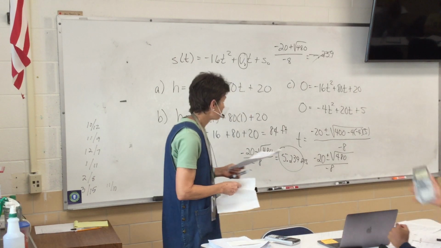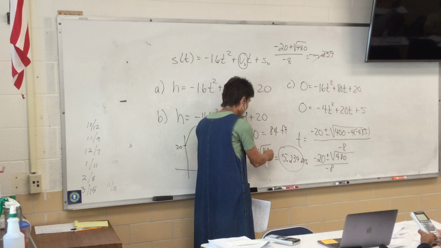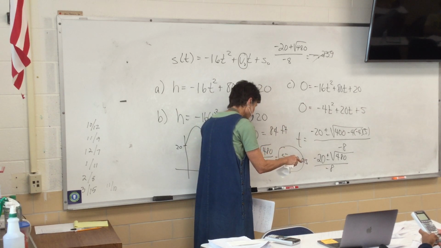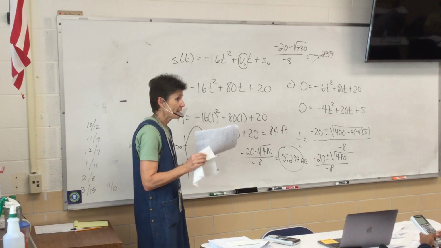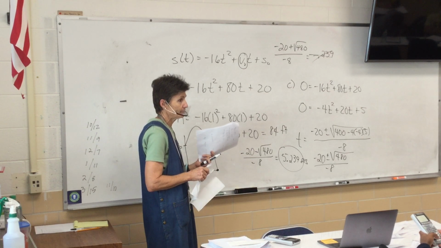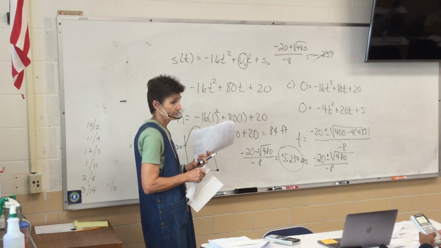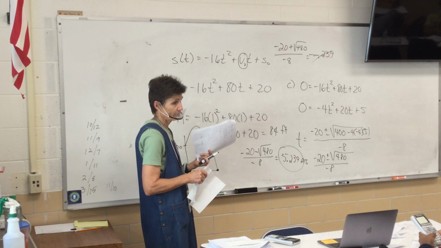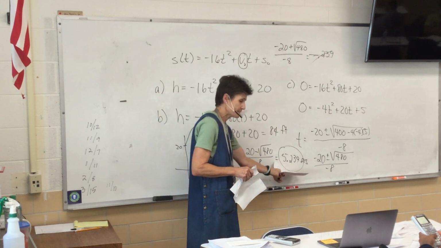Nope. After you put in negative 20 minus the square root of 480, you gotta hit equals, and then divide it by negative 8. Or hit enter, and then divide it by negative 8. So one of them's that, and one of them's this.